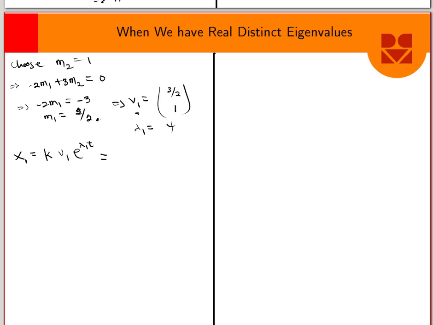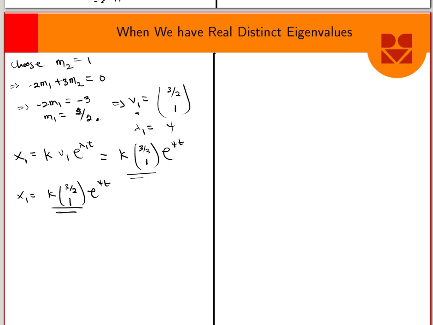So our v1 is 3 over 2, 1, and then e exponent our lambda 1, which is 4. So x1 should be equal to k, 3 over 2, 1, e to the 4t.